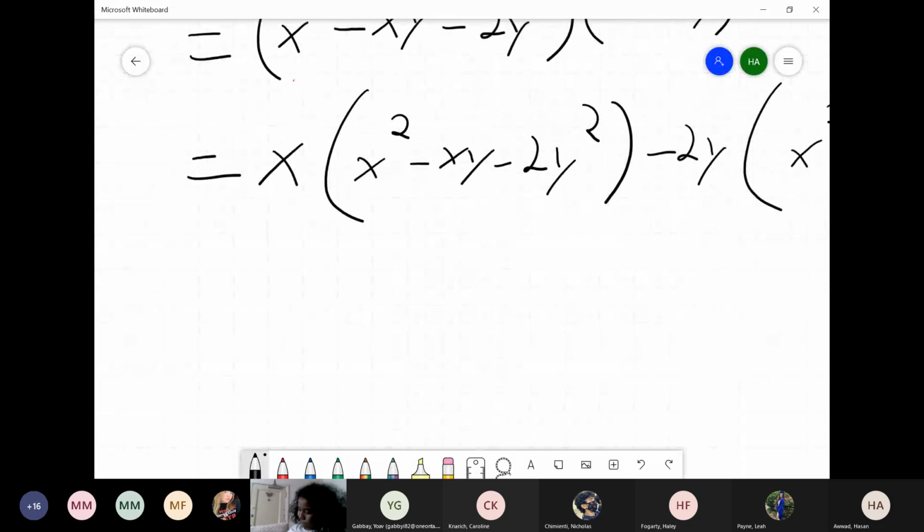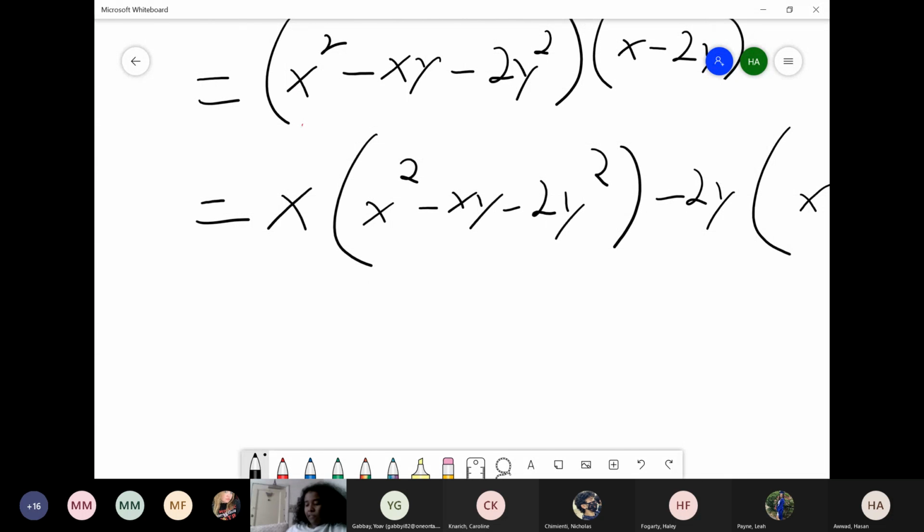So I know this can get pretty long, pretty fast, but what we have to do is just, again, distribute to every single piece, right? So the first one isn't really that bad. We're just taking our x, multiplying it throughout. So we have x times x squared. X times x squared, well, that's not that bad. We just get x cubed back, right? Okay, somebody help me out with the next one. What's x times -xy?